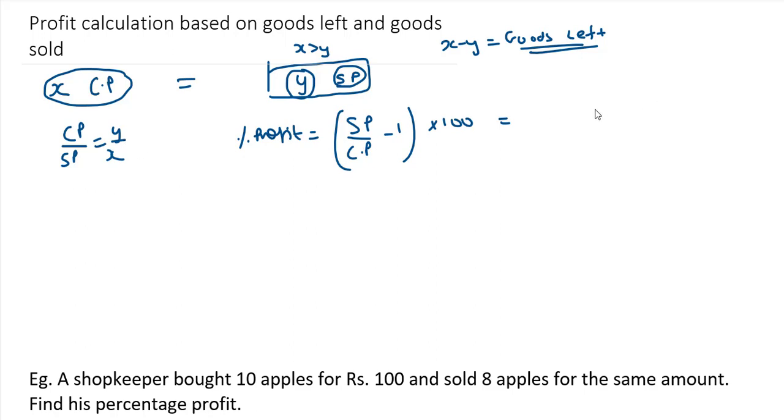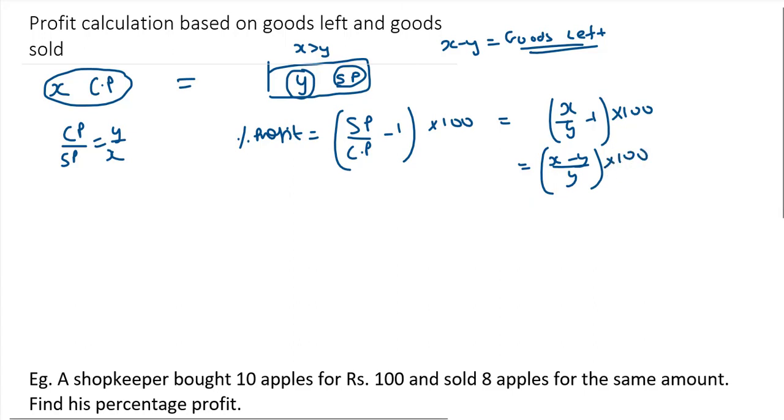It will be the reciprocal of this thing, X by Y minus 1 into 100, which is X minus Y upon Y into 100. Now note here, what is X minus Y? This is nothing but goods left. And what was Y? Y was the goods sold.